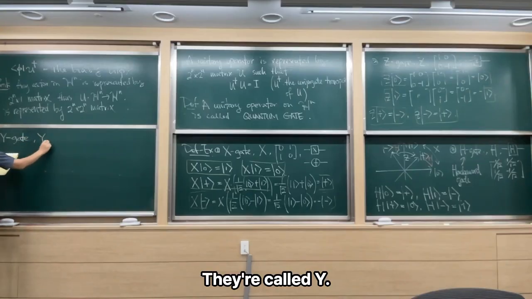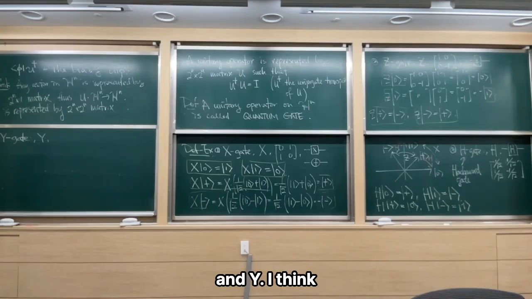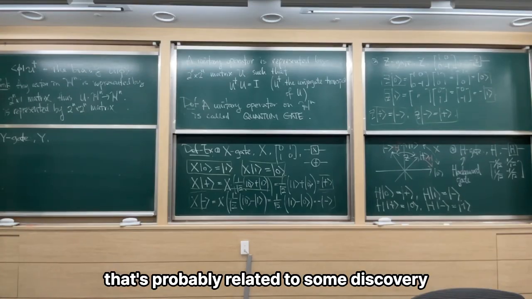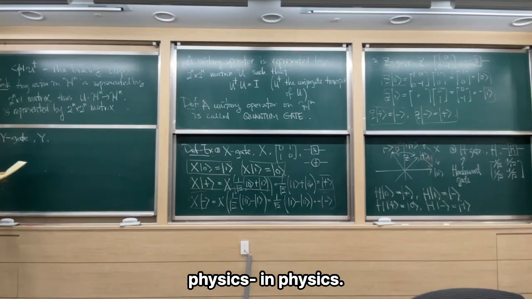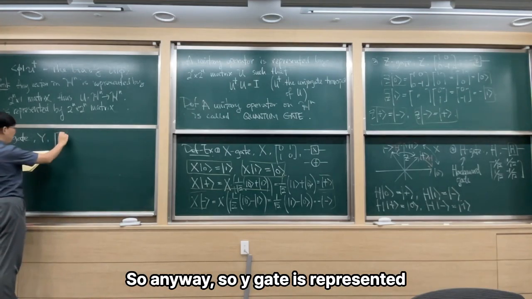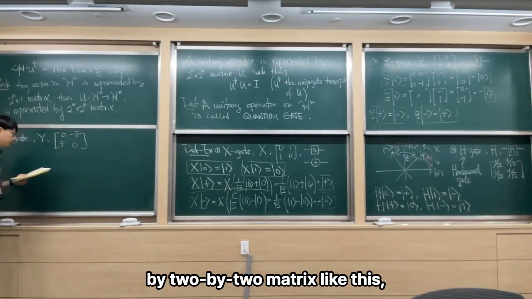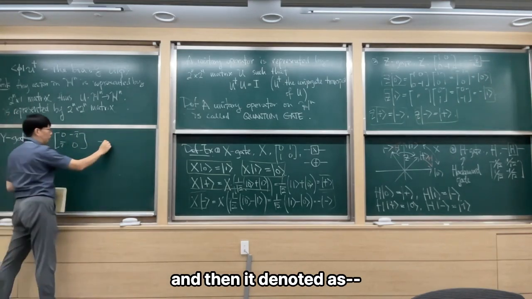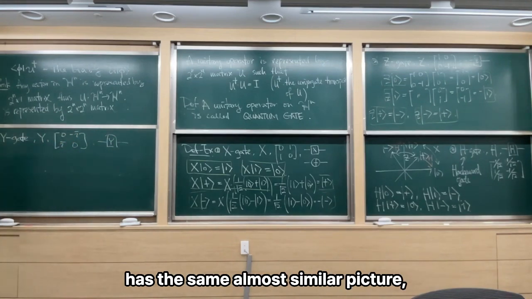They're called Y. I don't know why they put X, Z, and Y. I think that's probably related to the discovery of these quantum gates at the physical level, in physics. Anyway, the Y gate is represented by a 2x2 matrix like this, and the rest of the quantum circuit has almost the same picture.